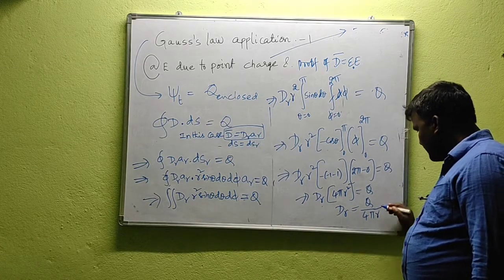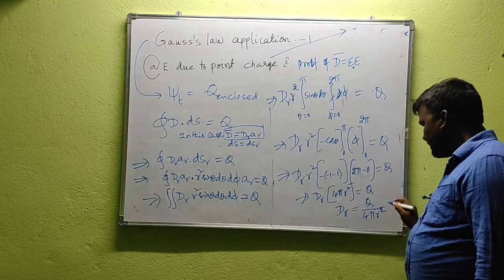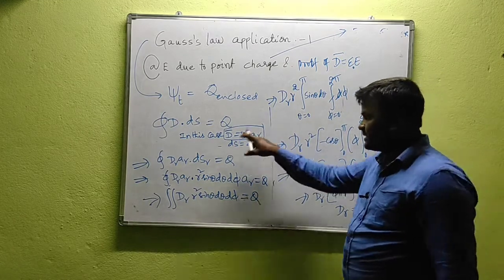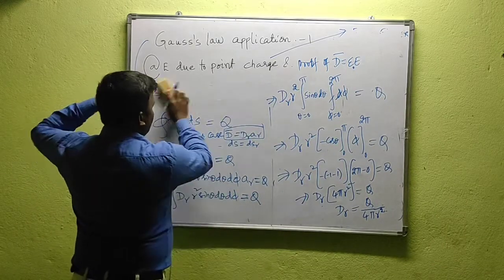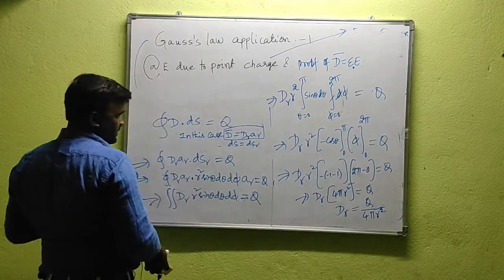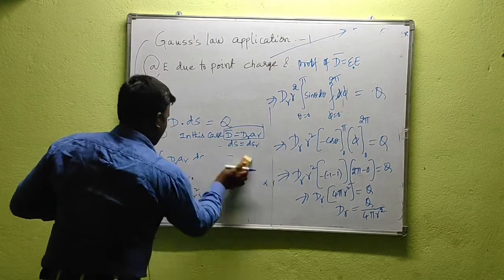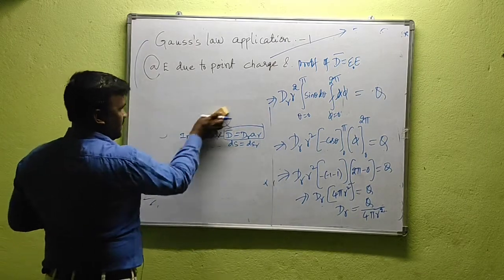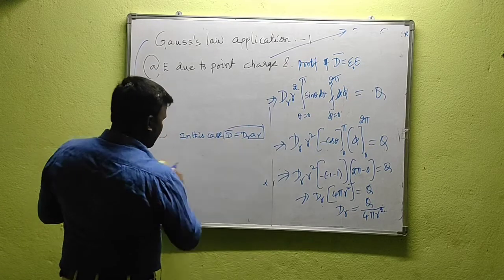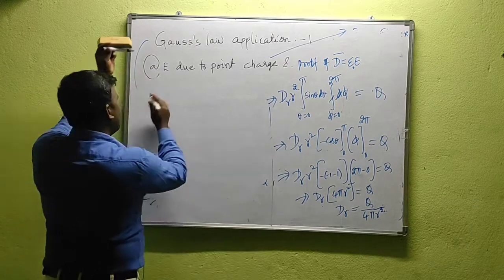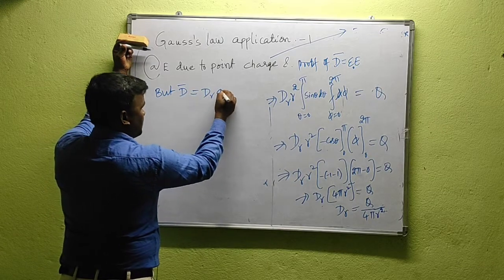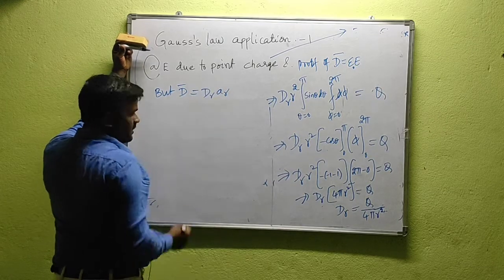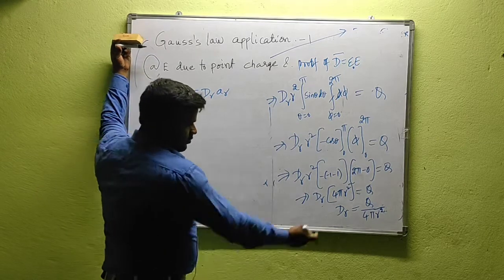But what do we require? D or E. Okay, first find D. What is D? I will write here. D we consider, but D equal to D_r a_r. What do you have for D_r?